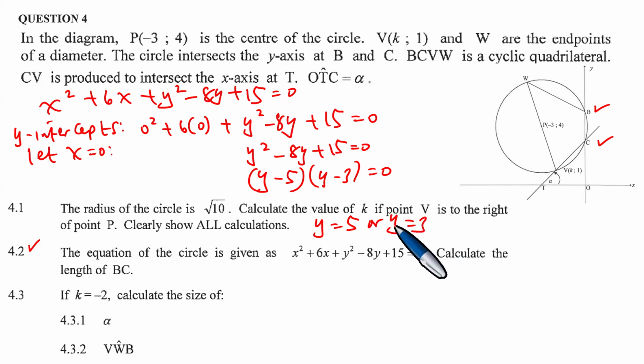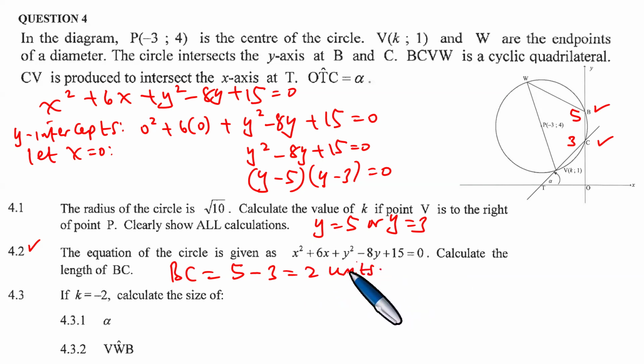Obviously B is above, so y is 5 at B and y is 3 at C. Calculate the length of BC: BC will be the difference between 5 and 3. So BC is 5 minus 3, which is 2 units.